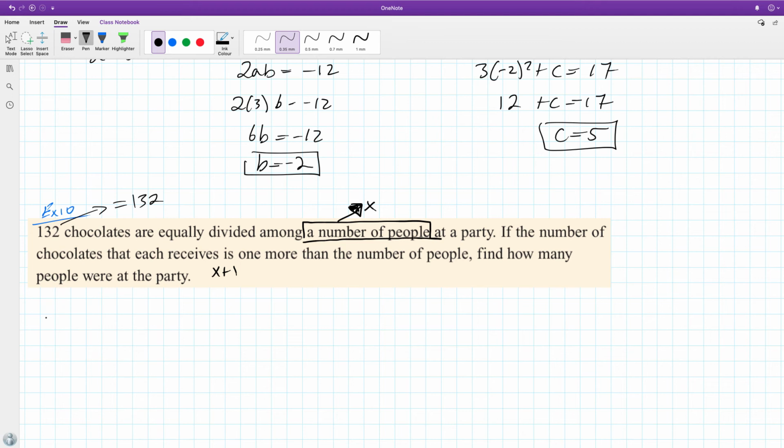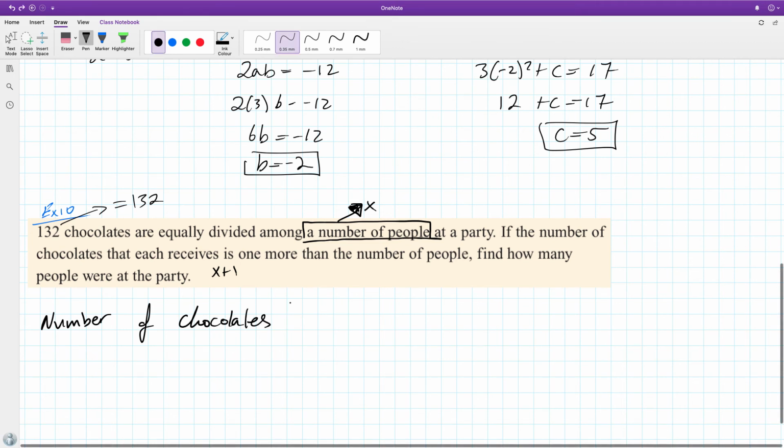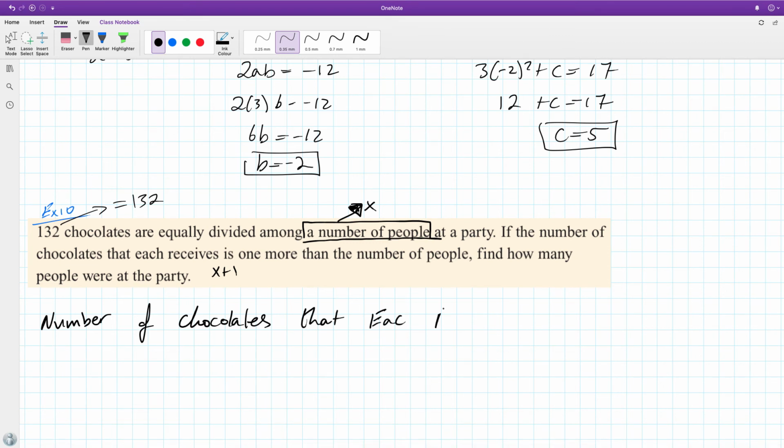If I asked you how you would get the number of chocolates that each receives. Put it this way: 100 chocolates and 10 people in a room.